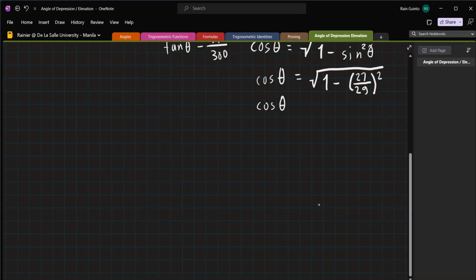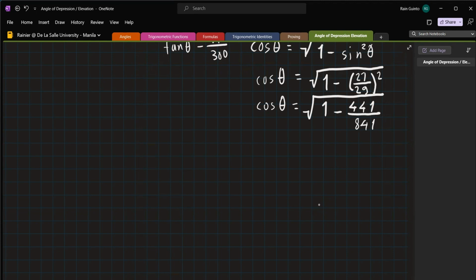Cosine theta is equal to the square root of 1 minus, 21 squared is equal to 441, and 29 squared, if we solve for it, I believe it's going to be equal to 841, if I'm not mistaken. Okay, so 841. Let's simplify it at this point. We're going to have 841 minus 441 all over 841, which is equal to the square root of 400 over 841.